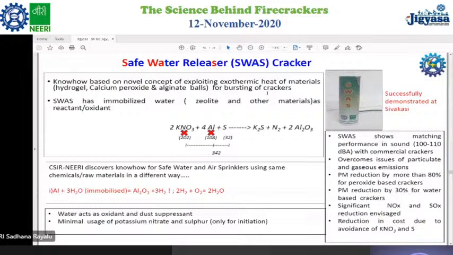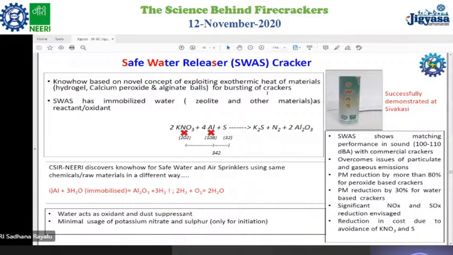Besides releasing water, we are also using certain additives which can release oxygen. Now when oxygen is released, I'm sure you can all understand it works as a diluent for the different toxic gases like NO2, and so on, which are being released.